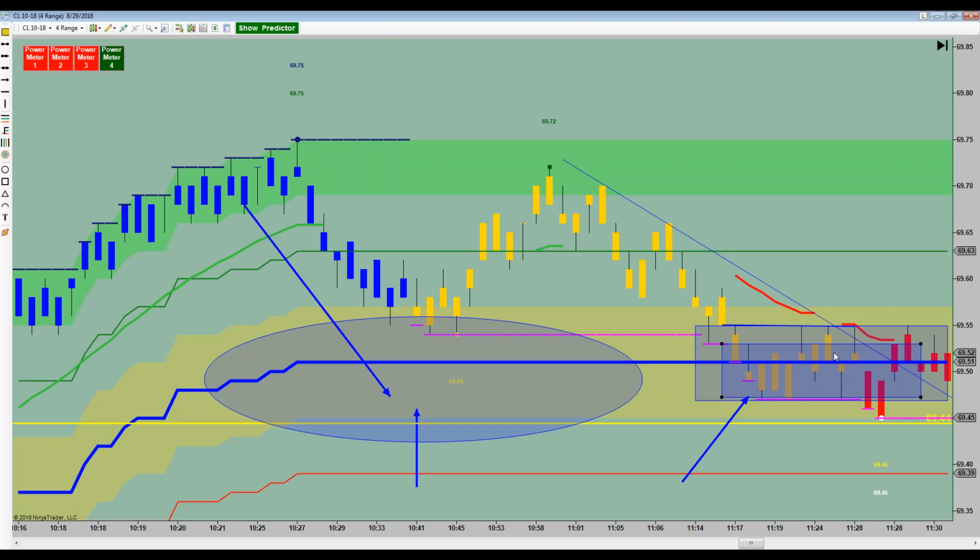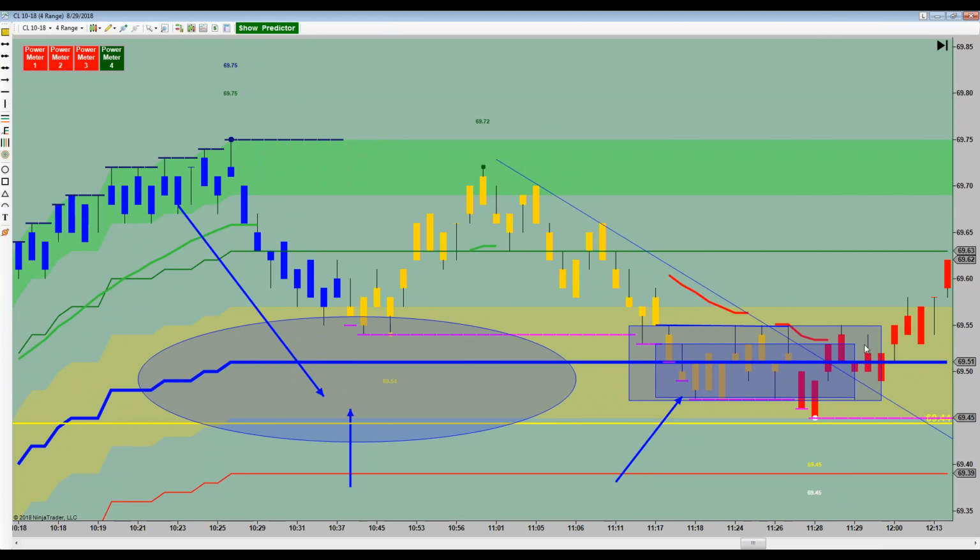Now, if you'd drawn it tighter, ironically, you closed up, but it didn't go through here. This closed down. This closed down. This closed up, but it didn't break it. This closed down. And if you had this box right here, if you had drawn C, C could have been okay. No, bias is up, Bill. Trend is up. So this would have been a long-only box. Yeah, long-only box.